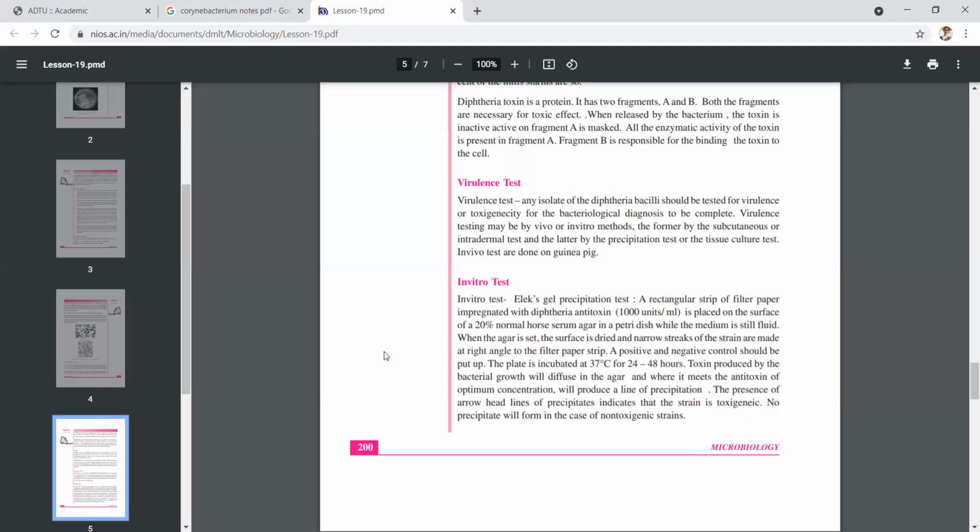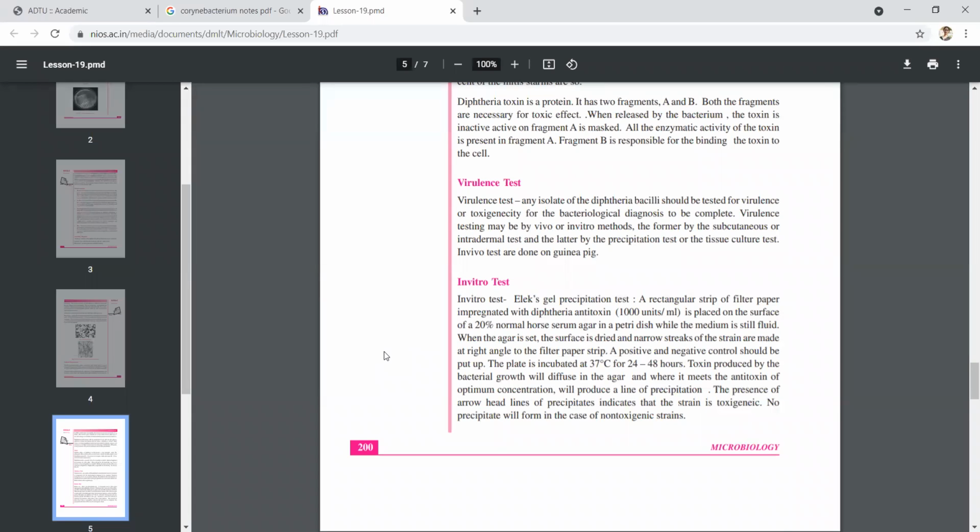In whichever area there is maximum concentration of antitoxin, the toxin will react with the antitoxin, and when they both react, they produce a line.